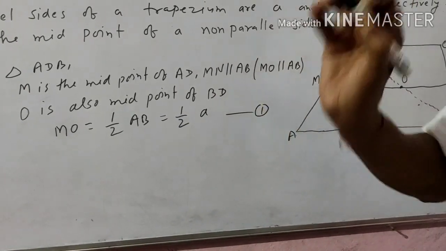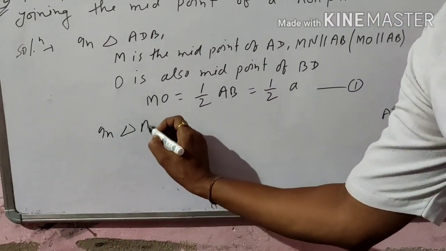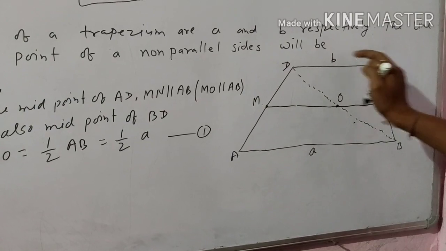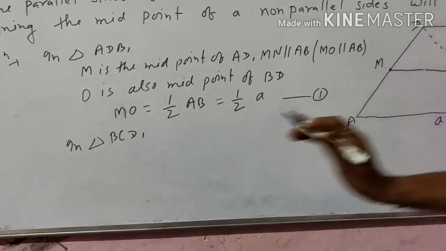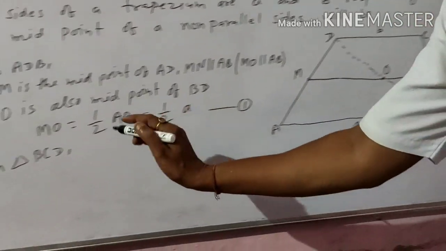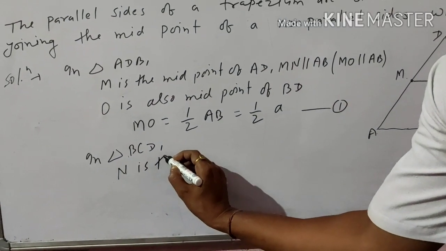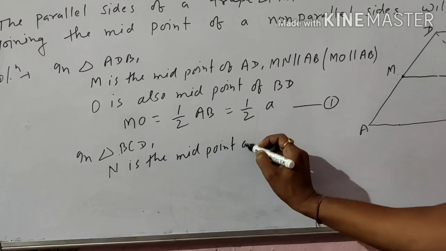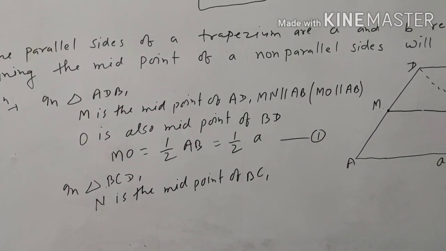This is equation first. In second equation, again take another triangle. In triangle BCD, O and N both are the midpoints. N is the midpoint of BC.